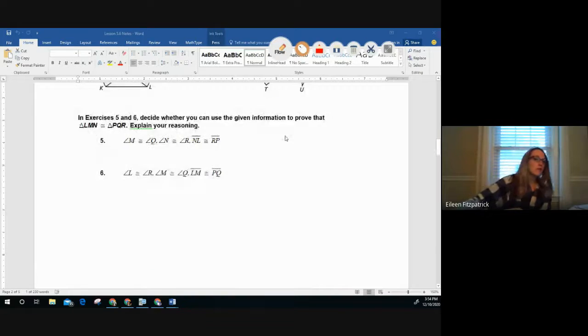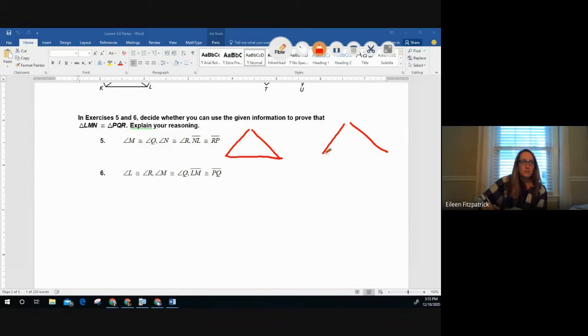So for 5 and 6, it says decide whether you can use the given information to prove that triangle LMN is congruent to triangle PQR. I would suggest drawing two triangles, and you could try to make them look somewhat similar since they may be congruent, but again, they're just sketches.